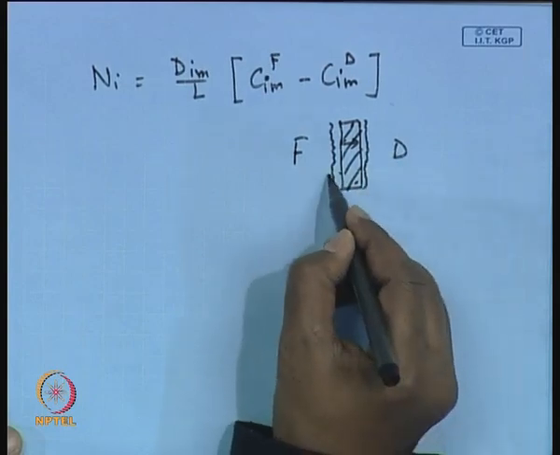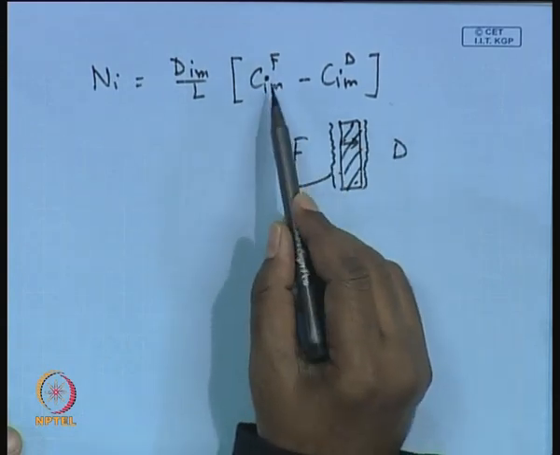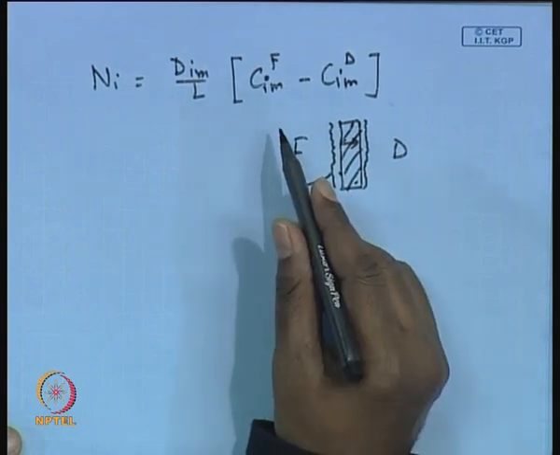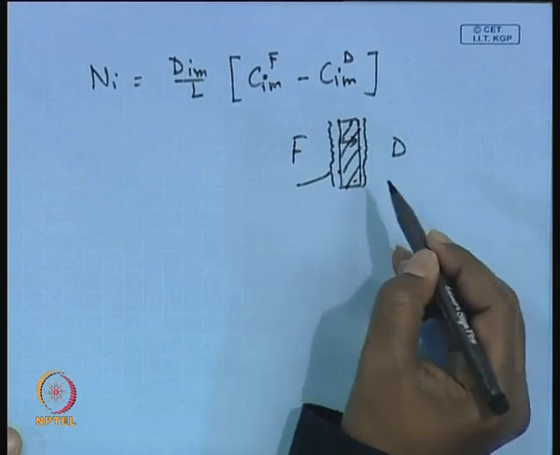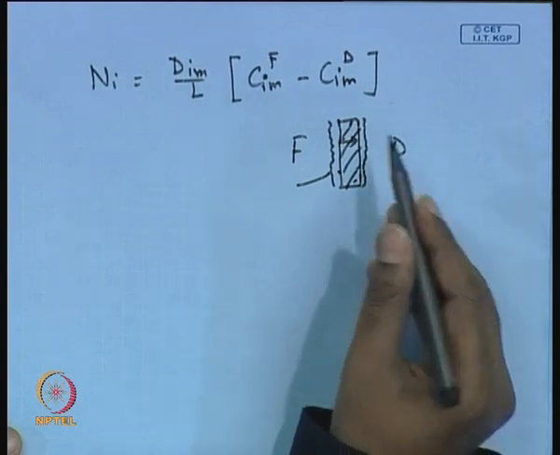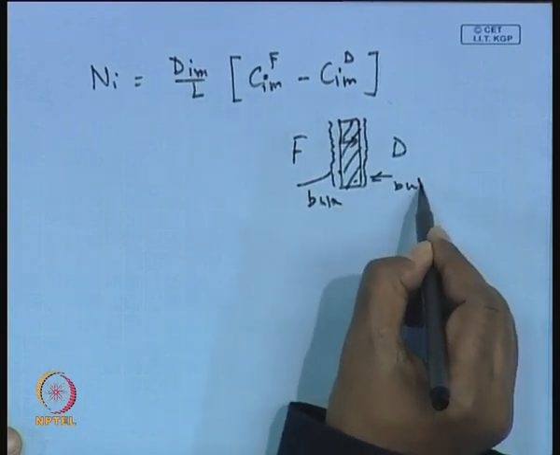This film is nothing but the mass transfer boundary layer. CimF is the concentration of the ith species on the membrane surface in the feed side, and CimD is the concentration of the ith species on the membrane surface in the dialyzed side. This is the bulk of the feed, and this is the bulk of the dialyzed.